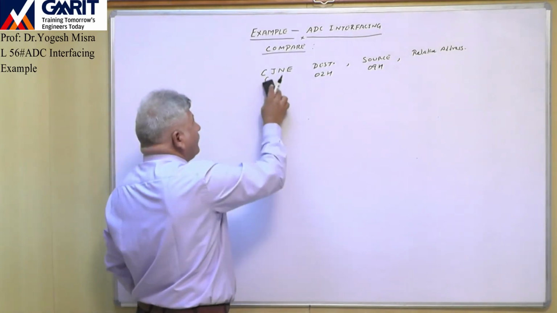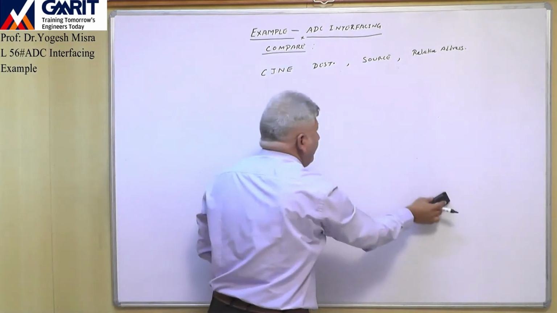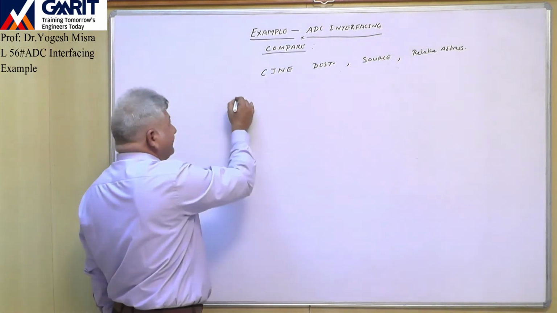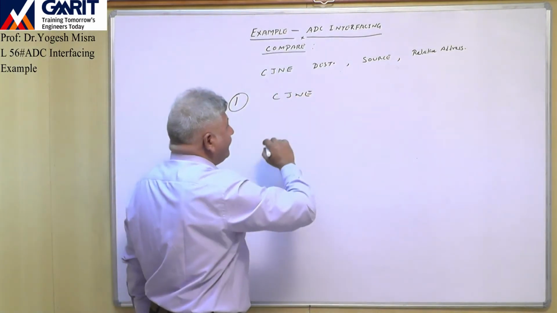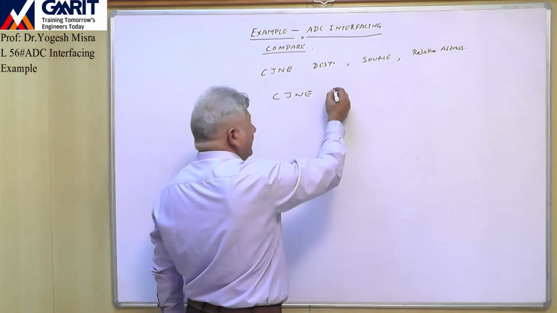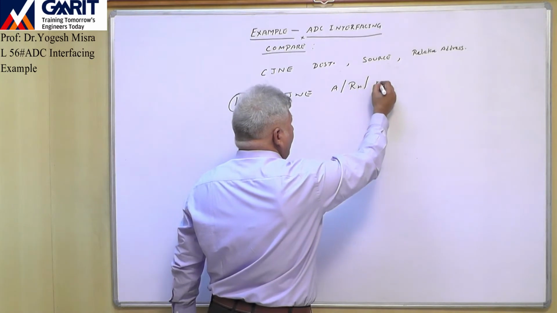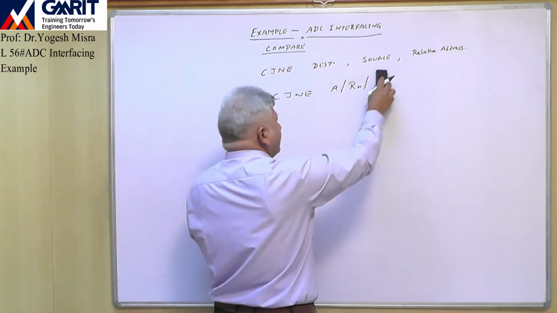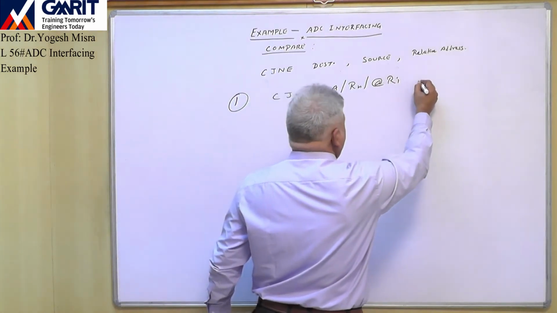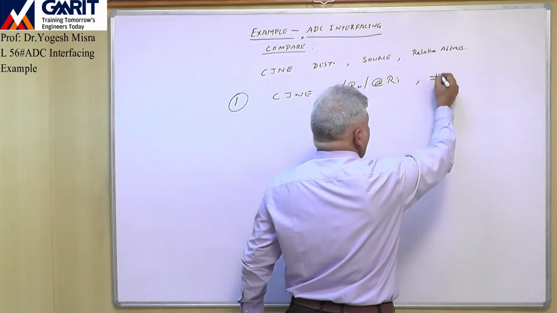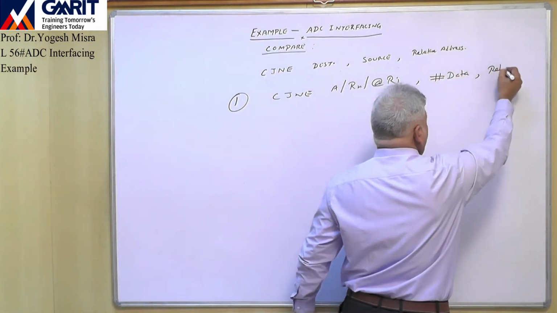has the following forms. The source and destination can be written in the following ways. CJNE, compare jump not equal, A, comma, Rn, comma, @Ri, comma, #data, comma, relative address.